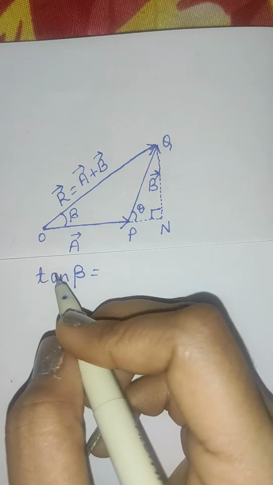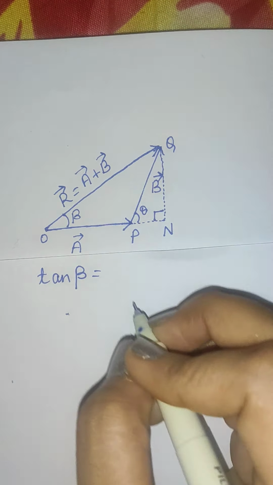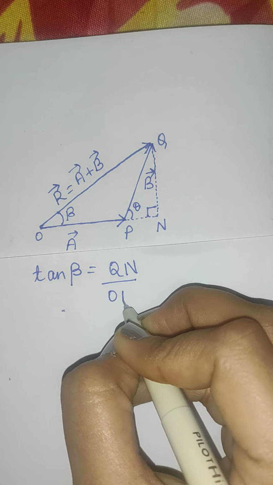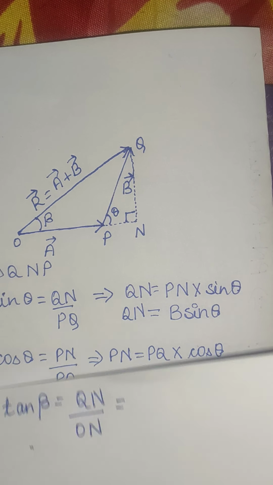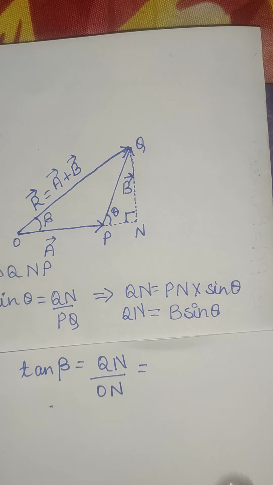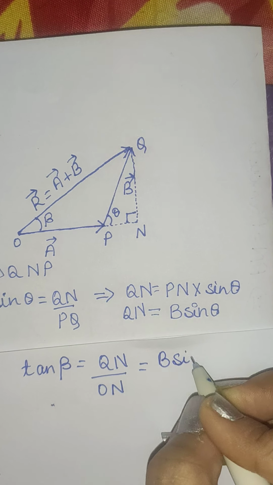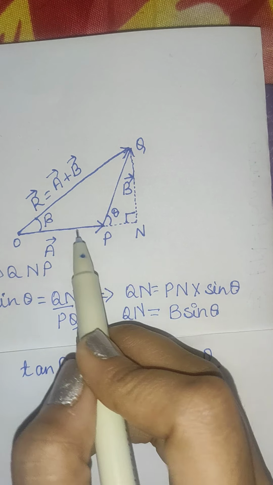In this triangle, we know tan is equal to perpendicular upon base, so it is QN divided by ON. Now QN, as we had already calculated, is B sin theta. So I'll write QN equal to B sin theta. And again, what is ON equal to? OP plus PN.